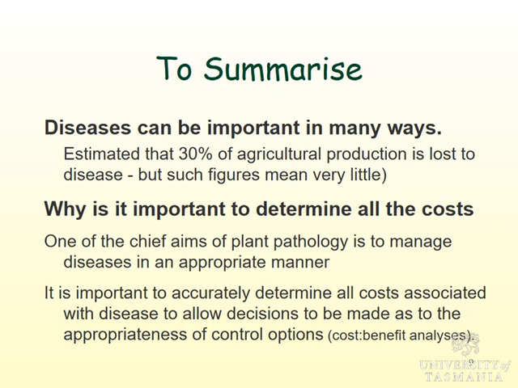But in the end, we need to get a good estimate of what all of the costs and the potential costs are before we then go and make decisions about what to do about it.